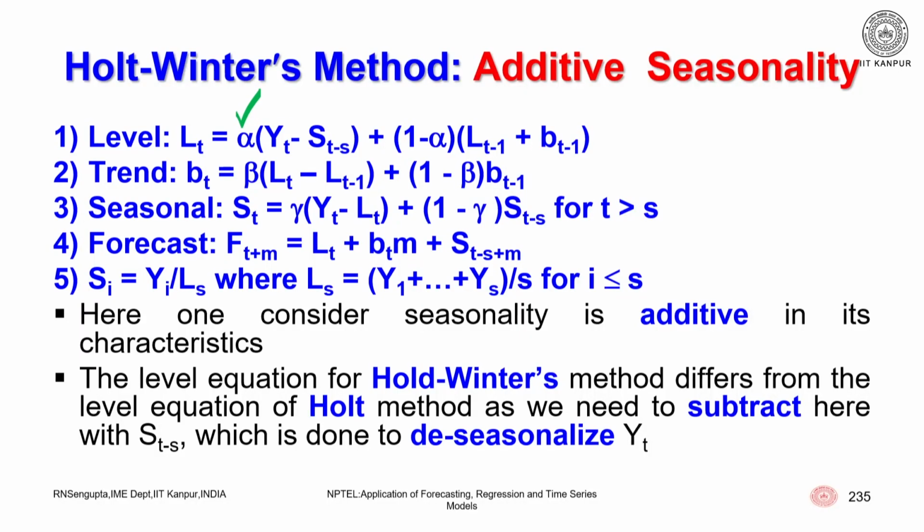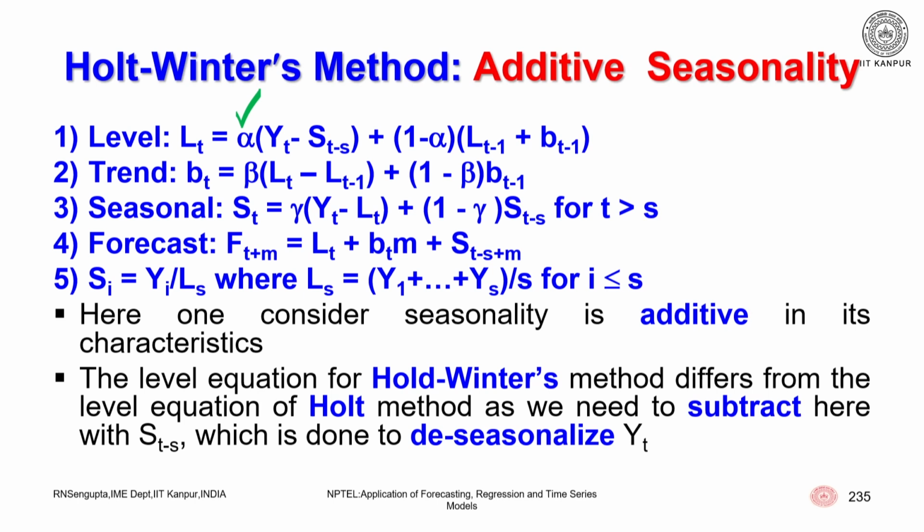So m means how many steps forward, small s means the concept of seasonality in the time frame, and capital S is the value based on which the seasonality component is brought into the calculation. Now, as I mentioned, L is the level, and alpha, I am repeating it, is the weightage given to the component of L.